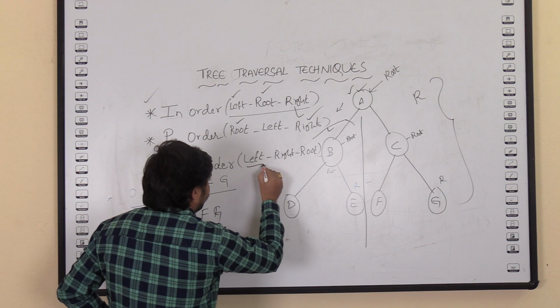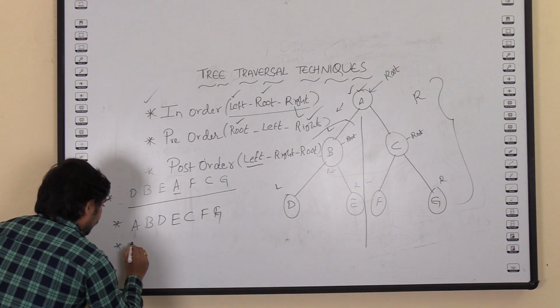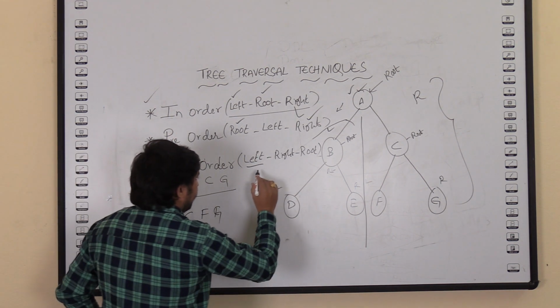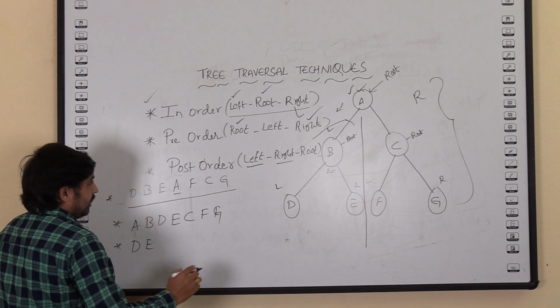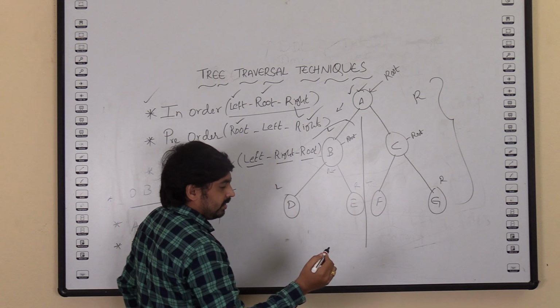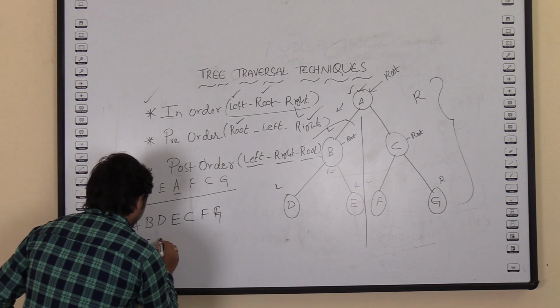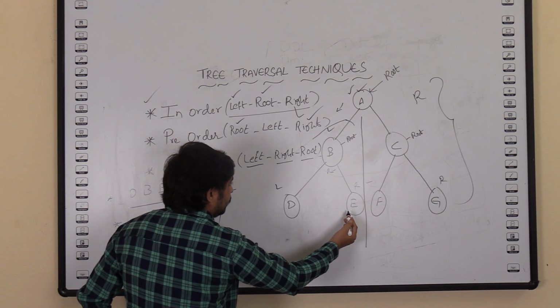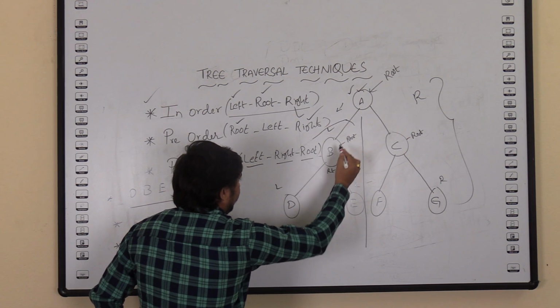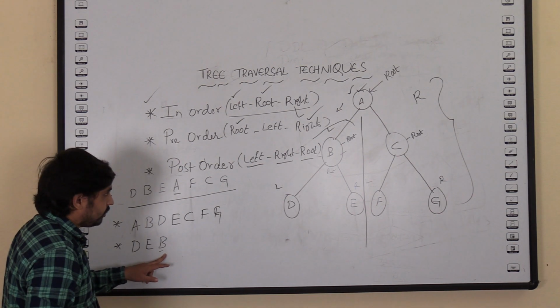First, I write the left node. D is the left node and move to the right side. E is the right node. And then finally, the root node is represented. B is the root of these two elements. D and E, these two children's parent is B. I will represent B as the root node.